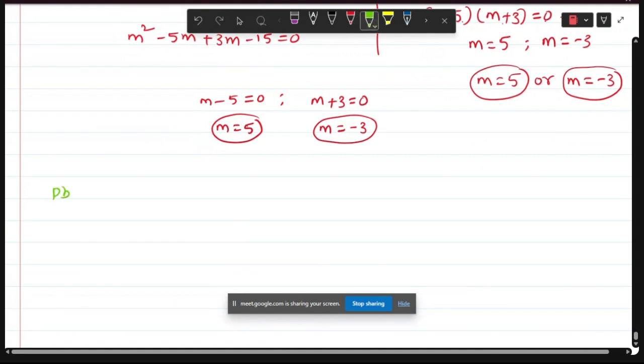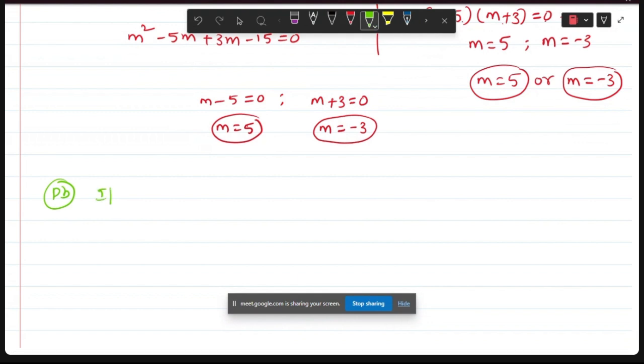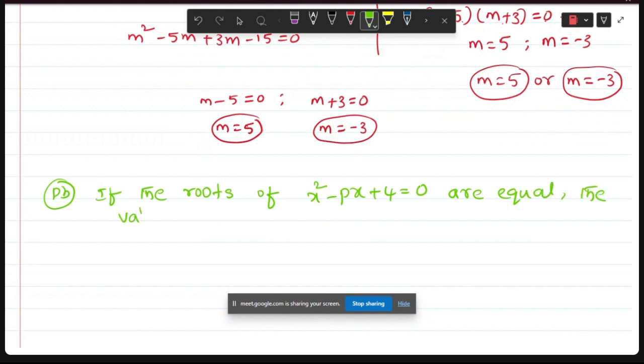Next question. Next part. If the roots of the equation are equal, then the value of p, same type of question.